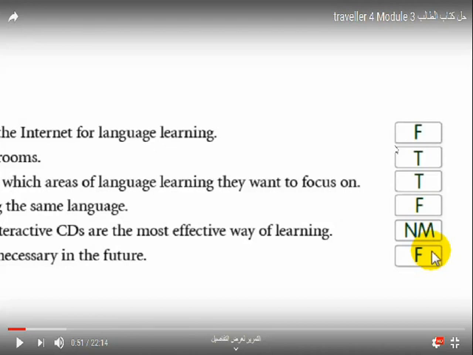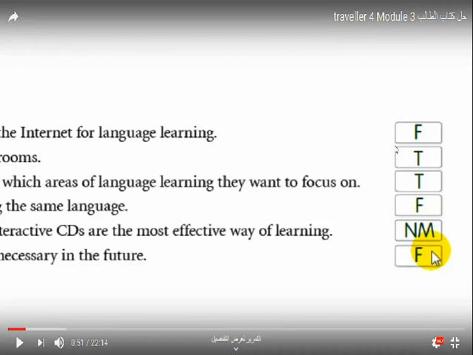Number three, in the virtual classes, the students decide which areas of language learning they want to focus on. Yes, it's true. Number four, in tandem email, both students are learning the same language. No, it's false. Number five, of all the methods mentioned in the text, interactive CDs are the most effective way of learning.